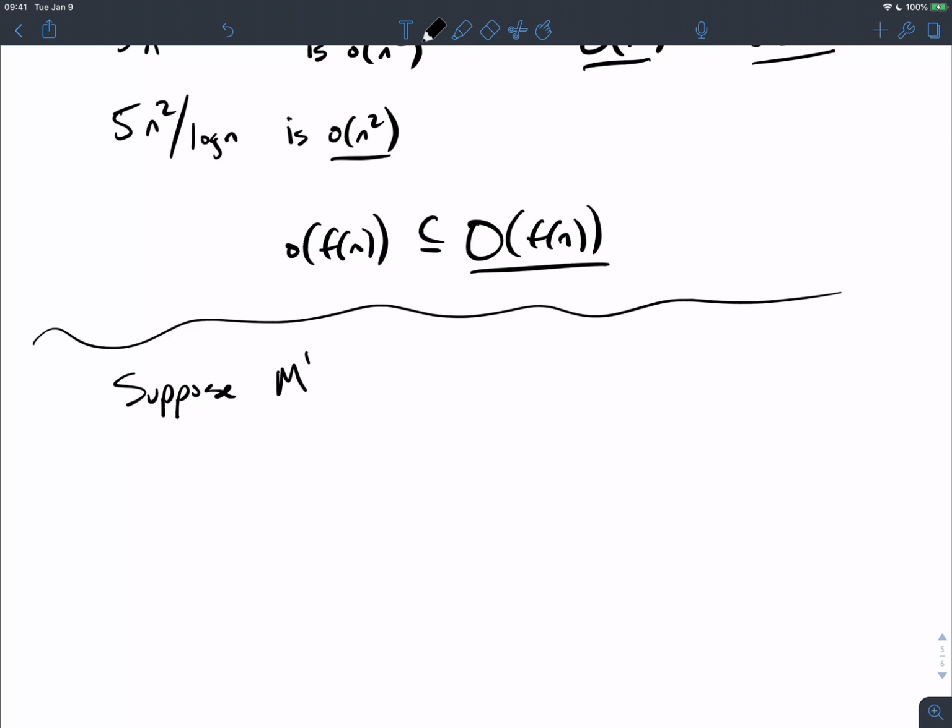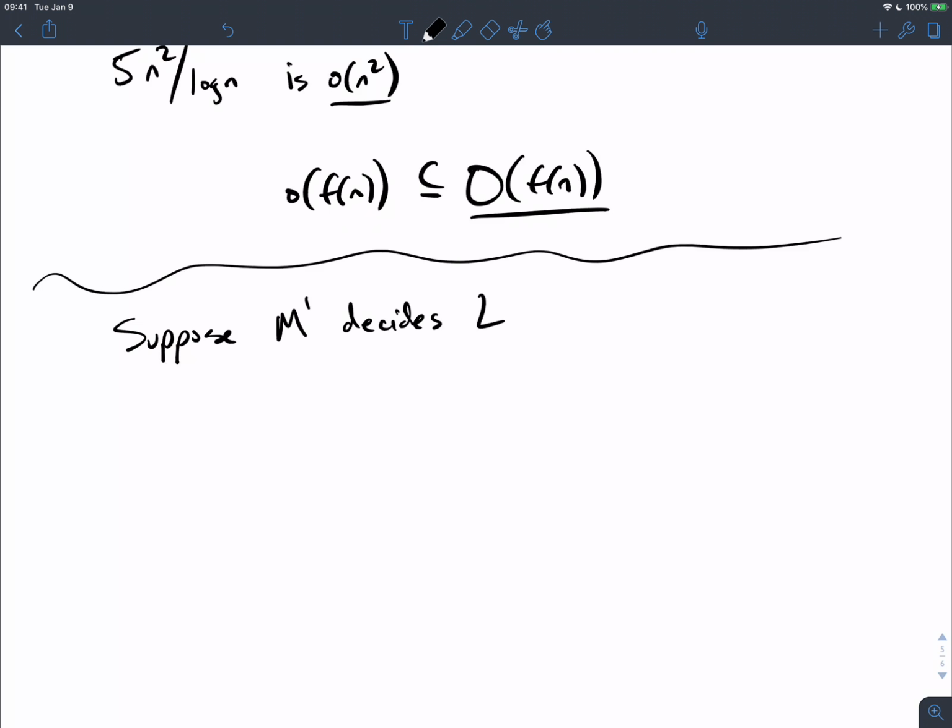So it decides that language, L. The thing that we want to show is that this statement is not true here. But let's just suppose that it actually is true, that it decides L in little o of f of n space. Let's say g of n space. It uses some amount of space, so let's just say g of n, whatever that is.